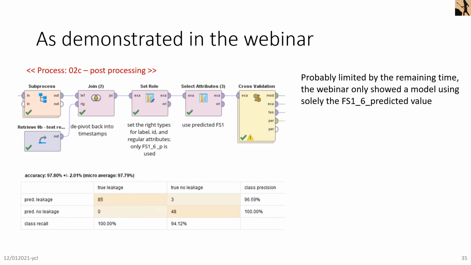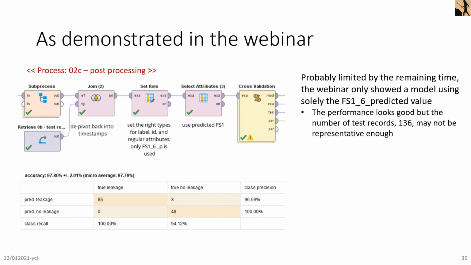Then they pick the FS1 value at the interval at record 6, which again is the end of the 12 seconds. You use the predicted value and just use a threshold value to say whether the engine is leaking or not. Okay, the performance looks good, but the number of test records, just 136 of them, may not be representative enough.